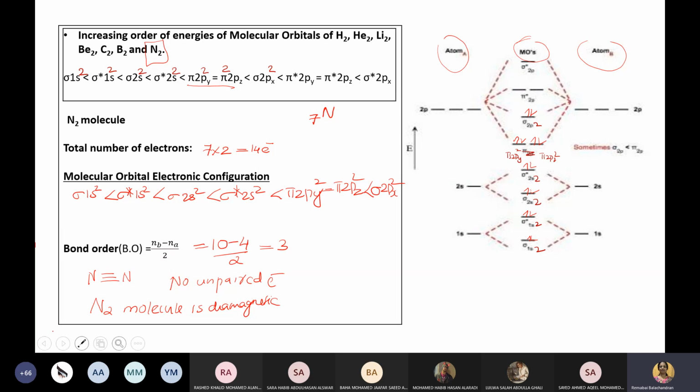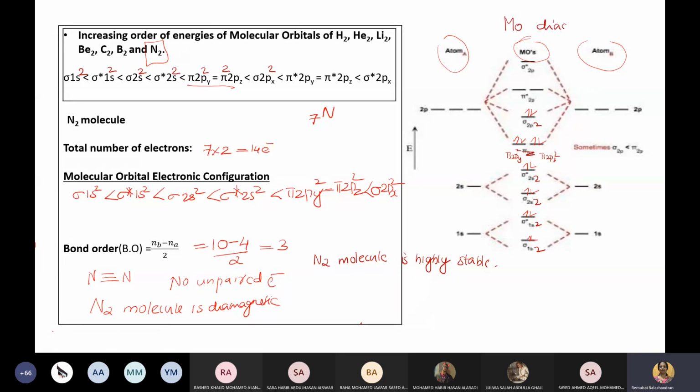So I will write it. No unpaired electron. Therefore, the molecule is diamagnetic.